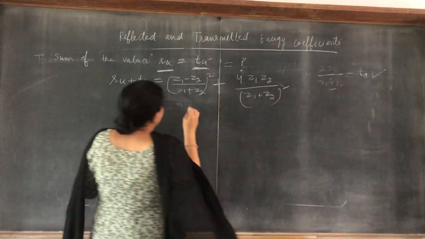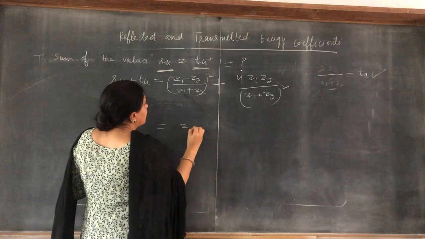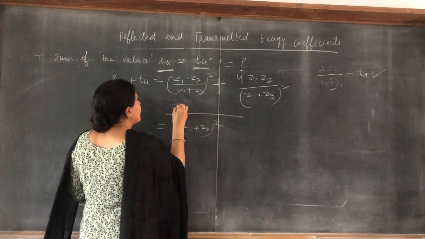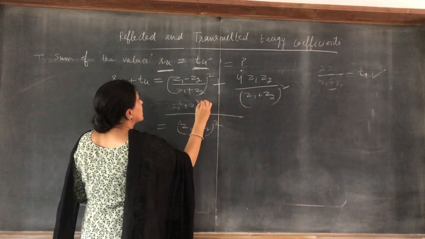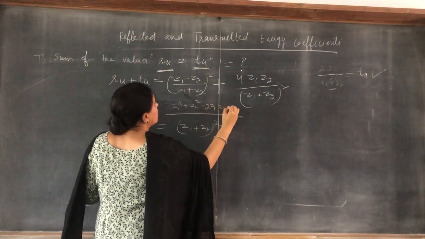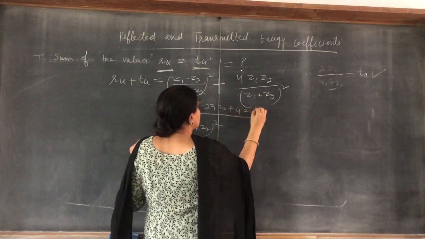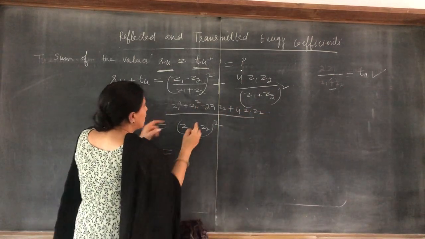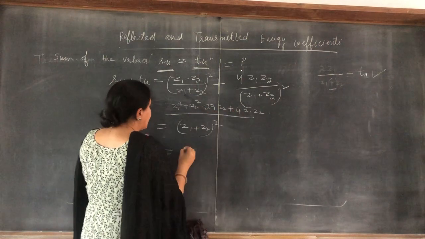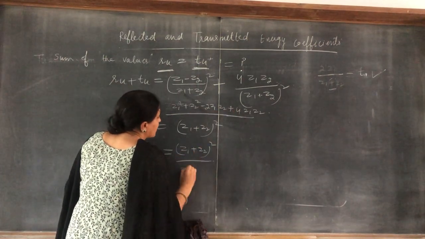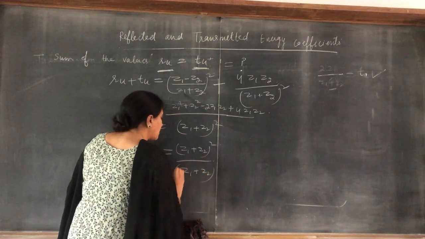So taking LCM, Z1 plus Z2 square. So this is Z1 square plus Z2 square minus 2Z1 Z2 plus 4Z1 Z2, and this will be equal to plus 2Z1 Z2, and that will be Z1 plus Z2 whole square divided by Z1 plus Z2 whole square.